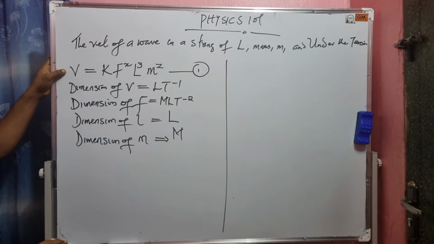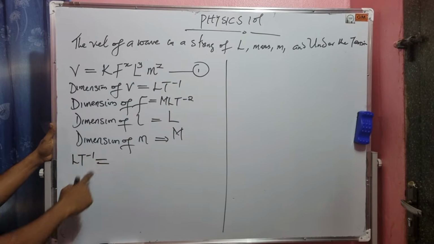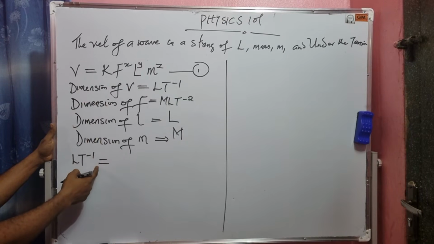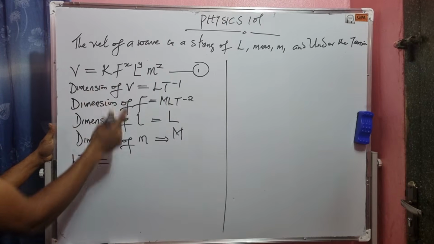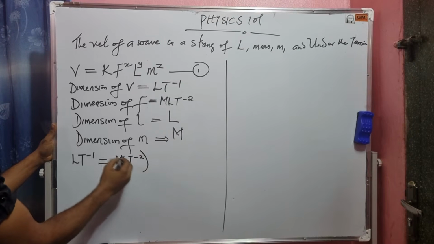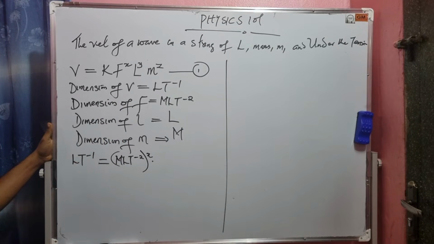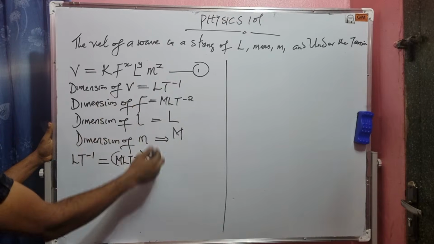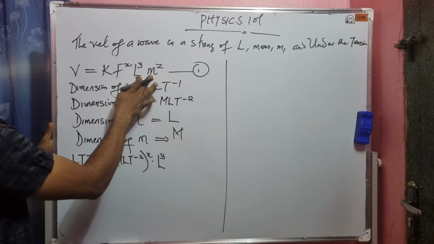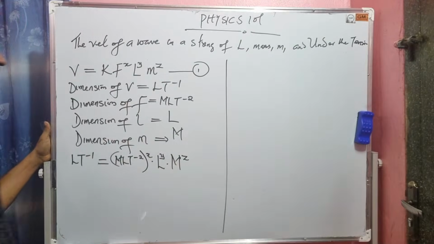The dimension of V, velocity, is LT^-1, equals the dimension of K. K is a constant, which is 1, so I won't repeat this K. The dimension of force is MLT^-2, all raised to the power X. Times the dimension of length, capital L to the power of Y. The dimension for M is capital M to the power of Z.